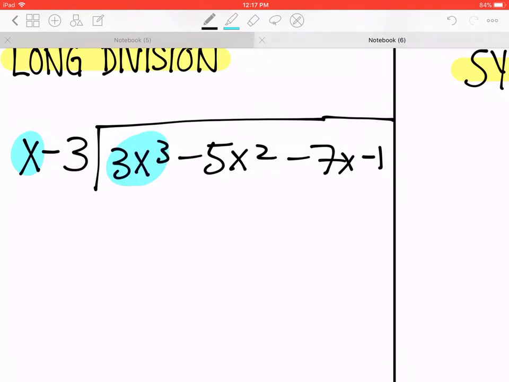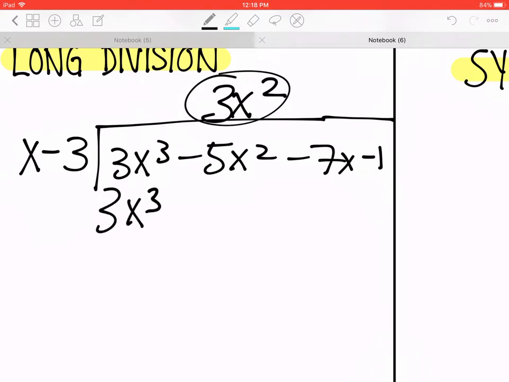In this case, it's 3x squared. I'll align 3x squared with negative 5x squared over here as well. As you can see, they're aligned. Since 3x squared times x gives me 3x cubed, we are going to put that underneath 3x cubed.